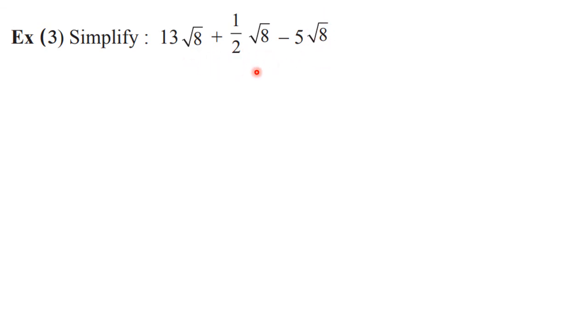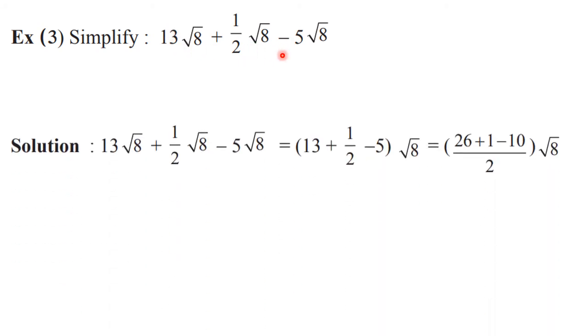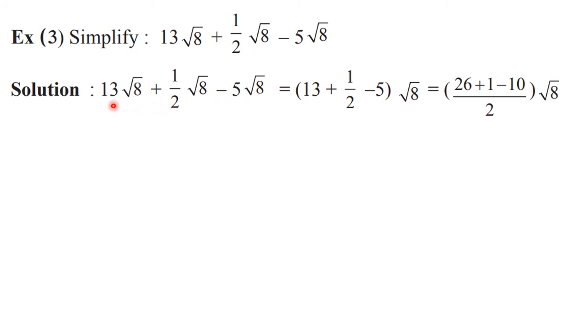So these are like surds. Now while writing the answer, we can take the rational part together in bracket and outside we can write down the irrational part. So you can write it like this. Here we have 13 plus 1 upon 2 minus 5, which means all the rational parts are taken together in bracket and outside root 8 is taken out common.